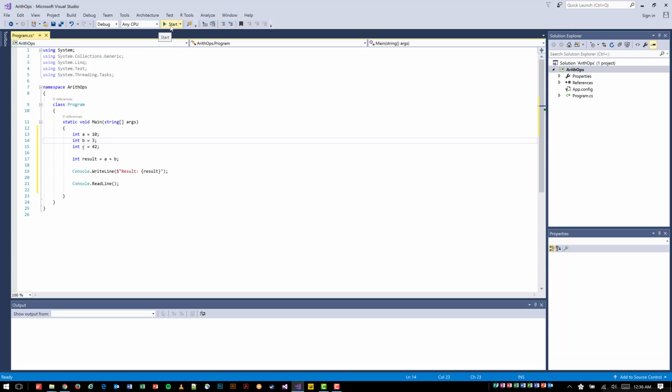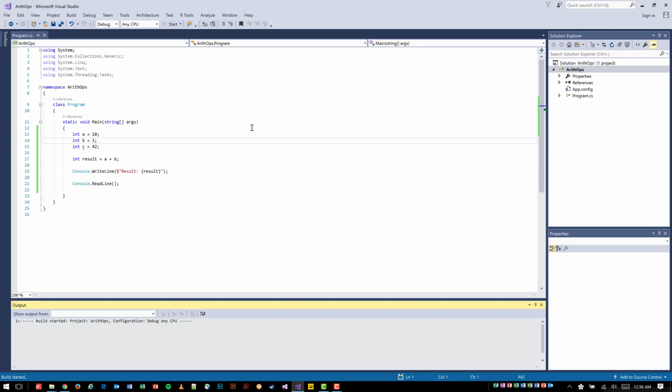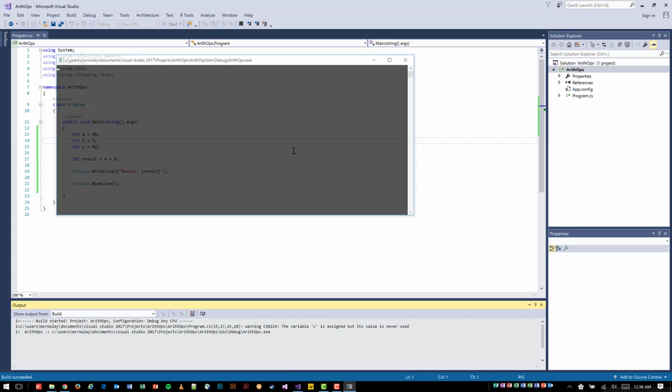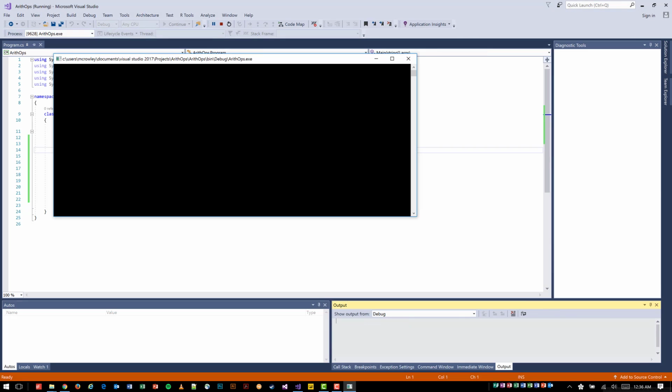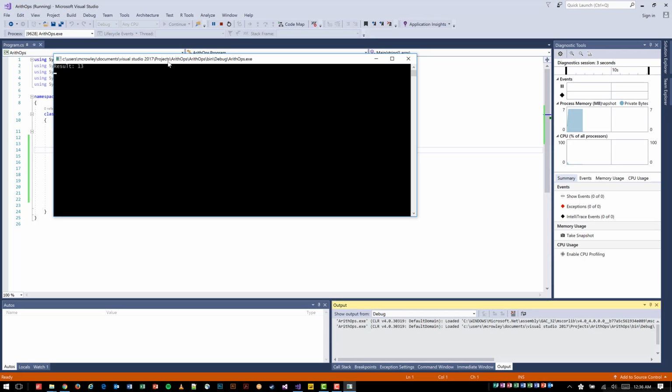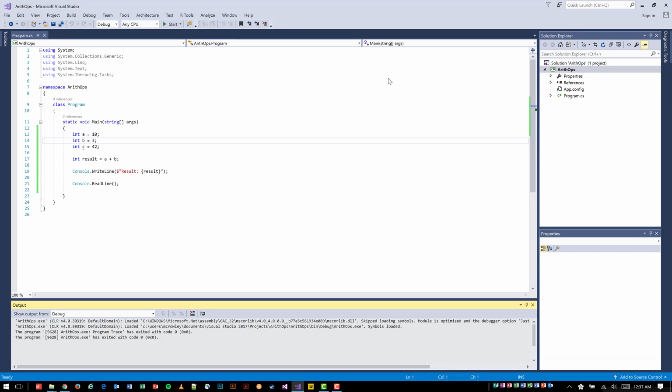We're going to go ahead and start this application. We see a was 10, b was 3. The result was a plus b, and we get 13. And we've displayed that to the user. We'll go ahead and hit a key to end the application.